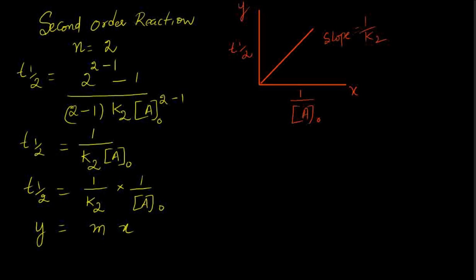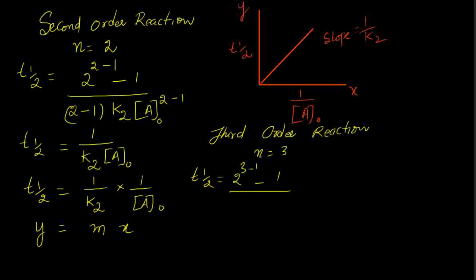And the next one is the third order reaction, n equals 3. So T half equals 2 power 3 minus 1 minus 1 by (3 minus 1) k3 a naught power 3 minus 1.